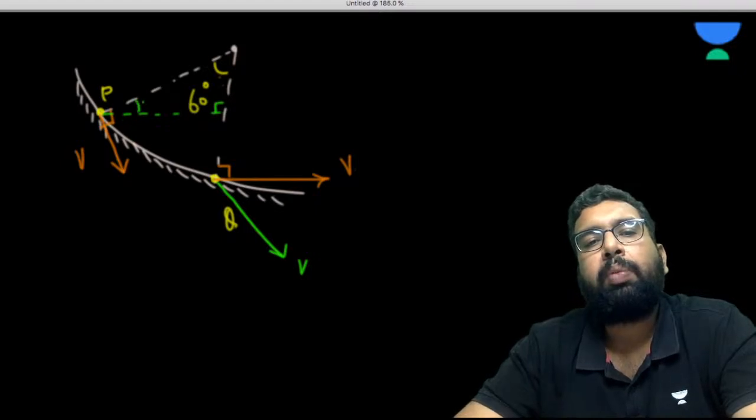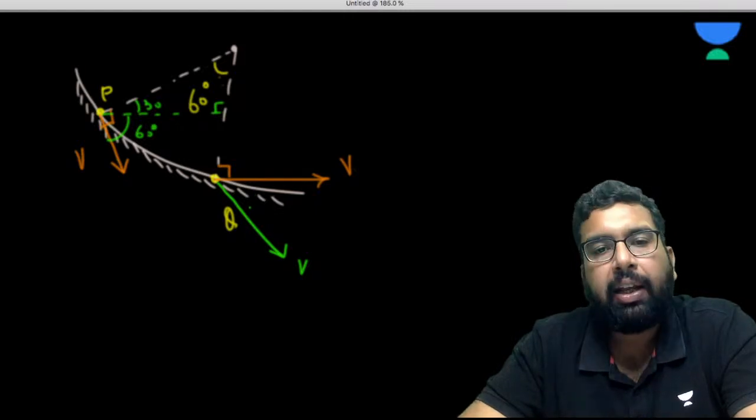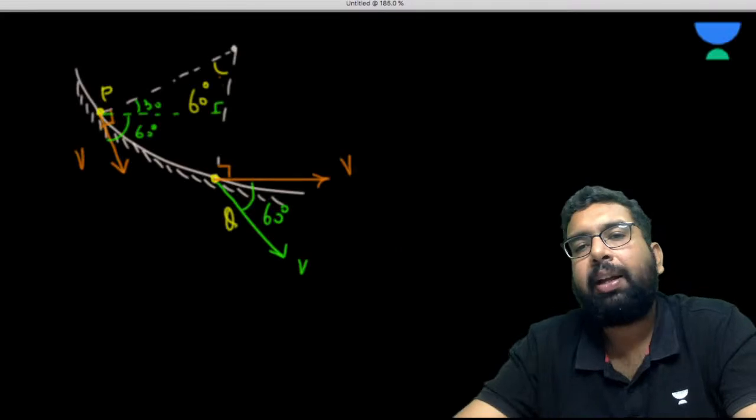So this is going to be 30. Now if this is 30, and I shift it, this is obviously 60, right? So the angle between them is also 60 degrees, isn't it?